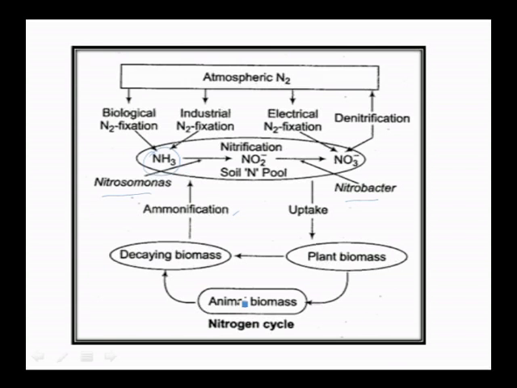This cyclic movement of nitrogen, conversion of atmospheric nitrogen into ammonia, ammonia into nitrates which can be absorbed by the plants, and from the plants nitrogen released into the atmosphere in the form of ammonia, is called the nitrogen cycle.